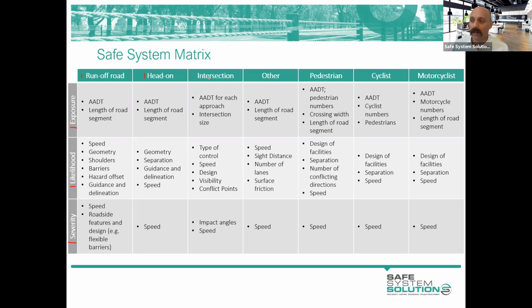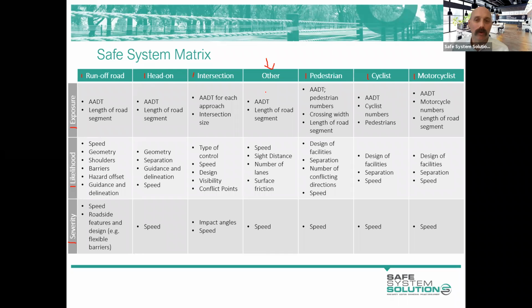Run-off road, head-on, intersection, any crash where a pedestrian is the one that is killed or seriously injured, cyclist, motorcyclist. The other here is the opportunity to put any crash type that you have predicted or you're worried about that doesn't easily nicely fit into one of these other categories, and you would write under there what that specific one is.